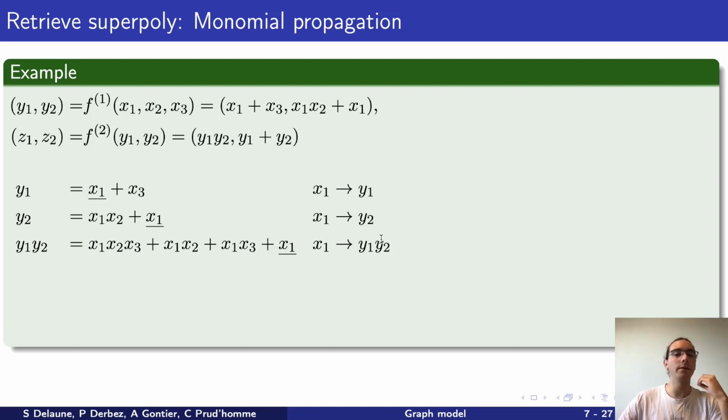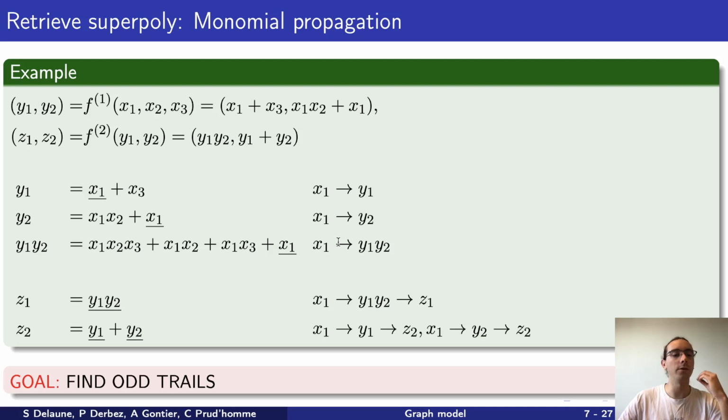Then we propagate this monomial through the second round function. So in z1 we have y1 y2, so we have a trail from x1 to z1. This means that in the output bit z1 of my little example cipher, we know that the monomial x1 will appear. But for z2, it's slightly different because we have y1 plus y2. So we have two trails from x1 to z2.